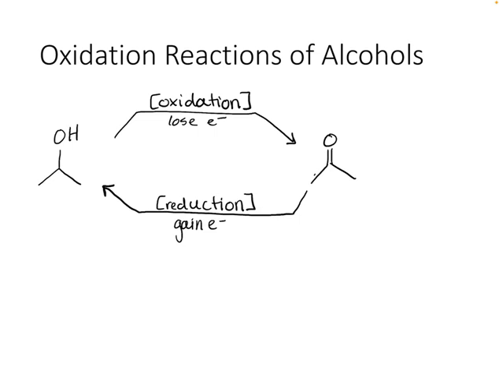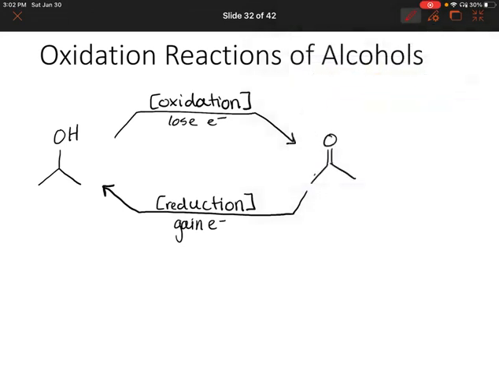So looking at our alcohol, let's just do a quick question here. What is the oxidation number of that carbon attached to the alcohol? See if you can figure that out, and feel free to pause the video.